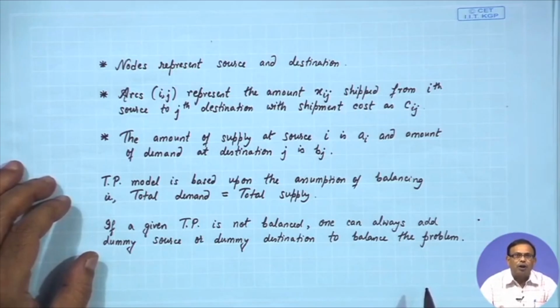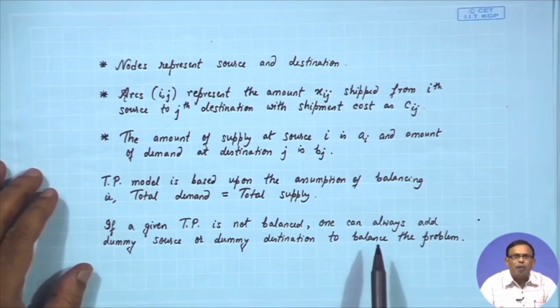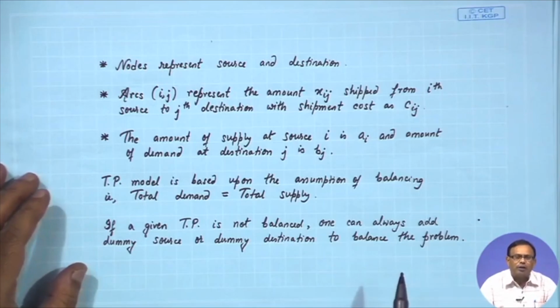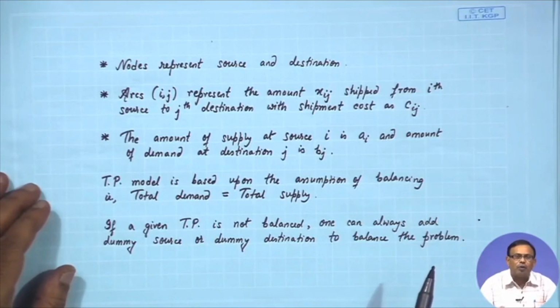So, the transportation model is based upon the assumption of balancing, that is, total demand must be equal to total supply. Please note this one: the transportation model is always based upon the assumption of balancing. That is what you have seen earlier. Total demand should always be equal to total supply.